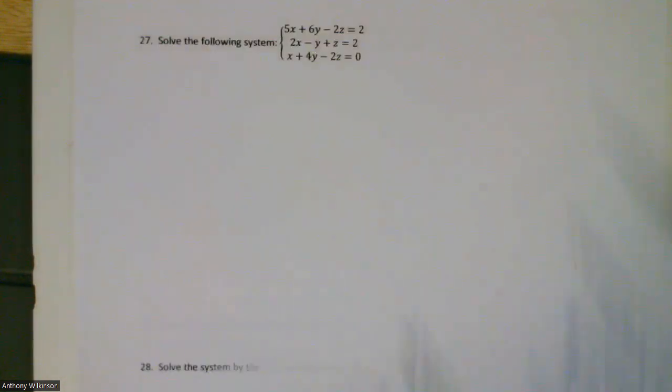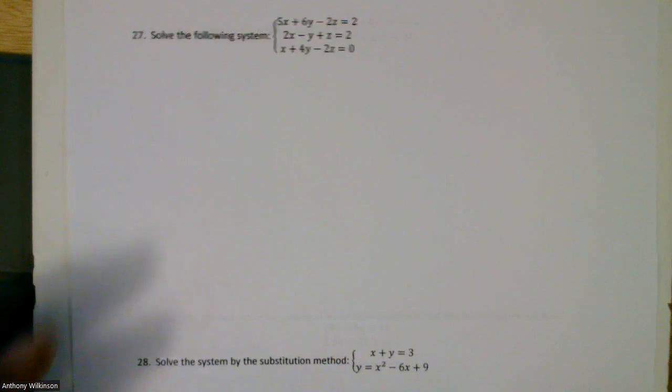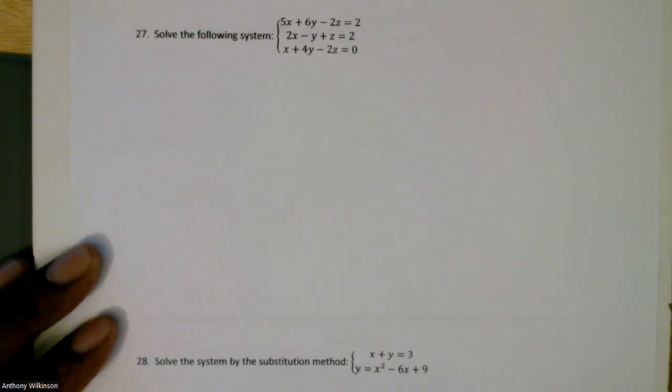All right, number 27 is a system of linear equations in 3 variables. Here we got 5x plus 6y minus 2z is equal to 2, 2x minus y plus z is equal to 2, and then x plus 4y minus 2z is equal to 0. And here I want to solve this system.